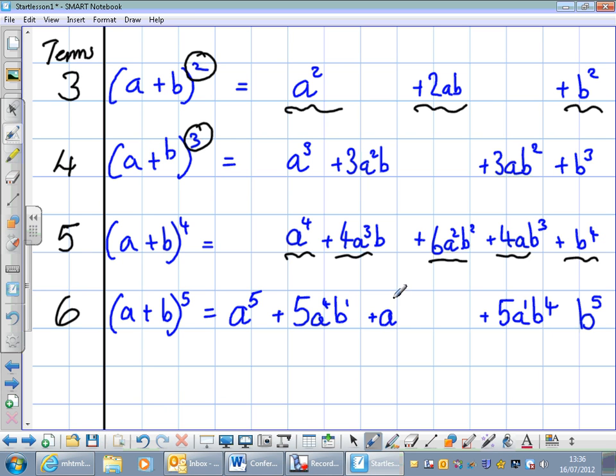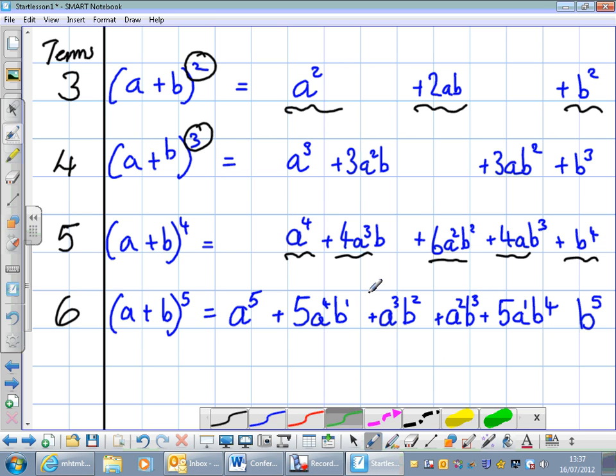A to the power of 3. And B will be to the power of? And here, what would be the powers of A and B? 2 and 3. So all we need to do now is to find out what those coefficients will be, because I think we've spotted the rule.